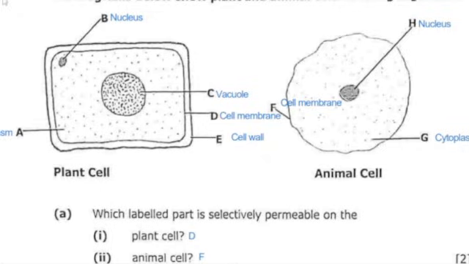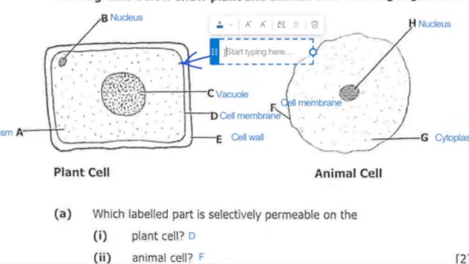These bigger green parts should be in a plant cell, not in an animal cell. I'm showing here, so this should be chloroplast. So we can write this word, chloroplast.